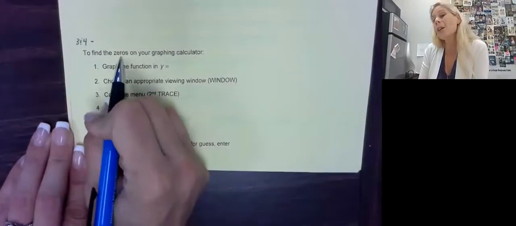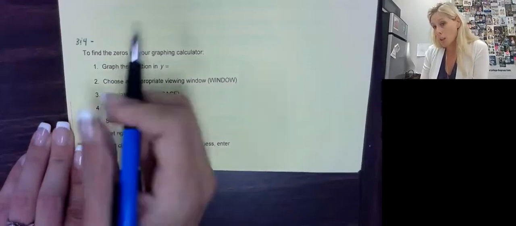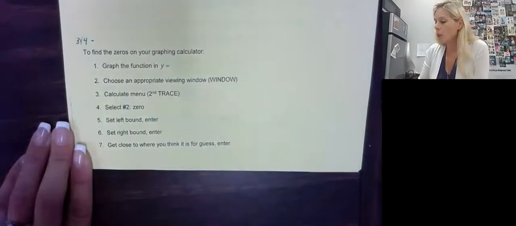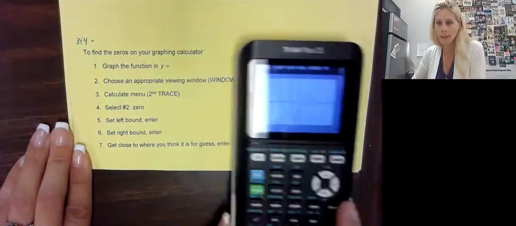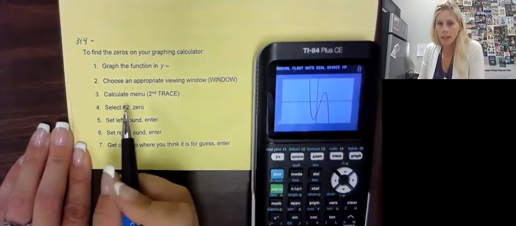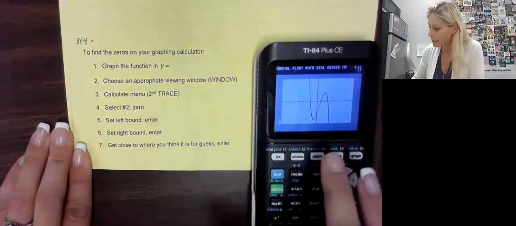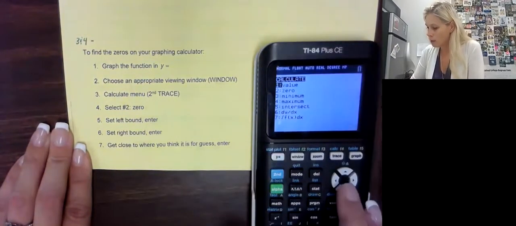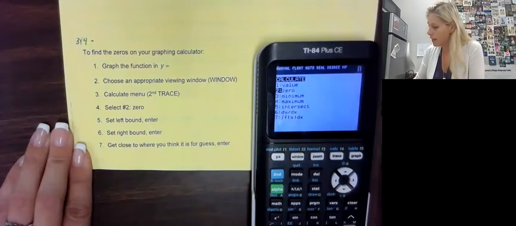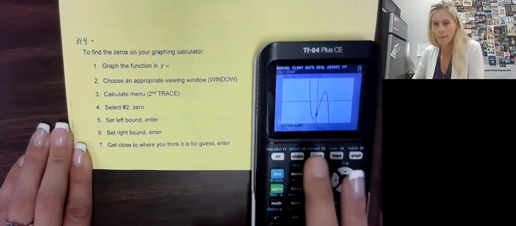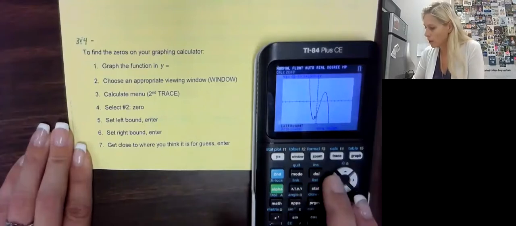By the way, down here at the end of your notes, it says to find zero. So if you wanted to know the exact zero on your calculator, especially if you weren't given factored form, what you can do is go to second trace, go down to zero, enter, and then see how I have that flashy dot. I'm going to go to one of my zeros, so I'm going to go to this zero.